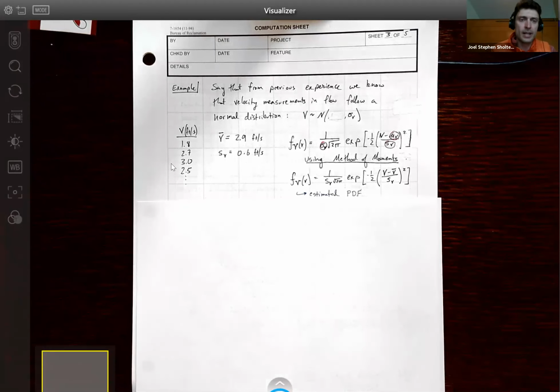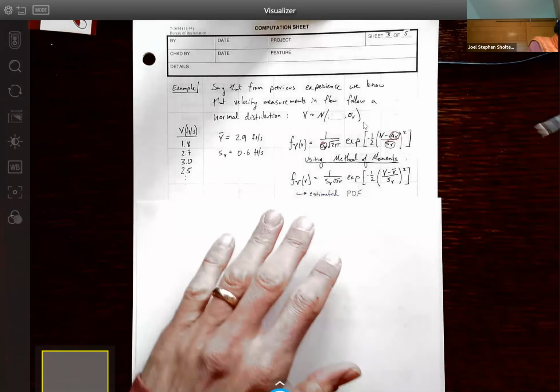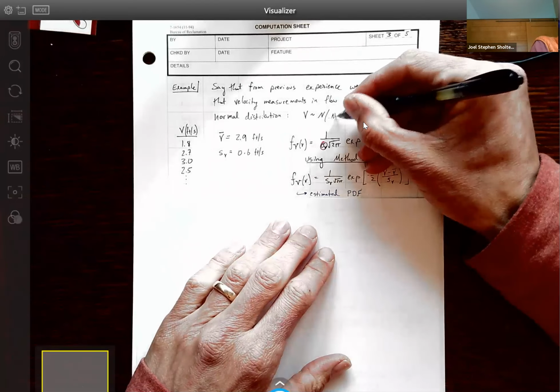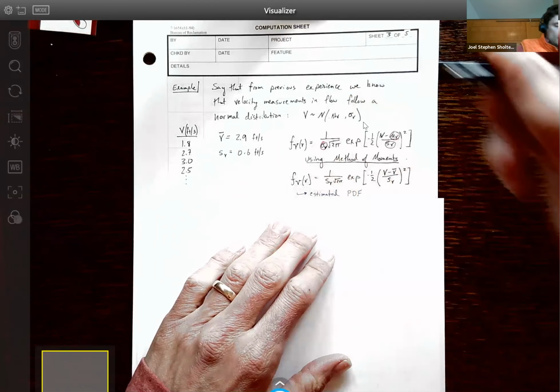So we take a bunch of velocity measurements here, and say we take 100 velocity measurements, one every second or something like that. And we know from past experience that velocity follows a normal distribution. I forgot to write that back in with the mean velocity and the standard deviation of velocity.